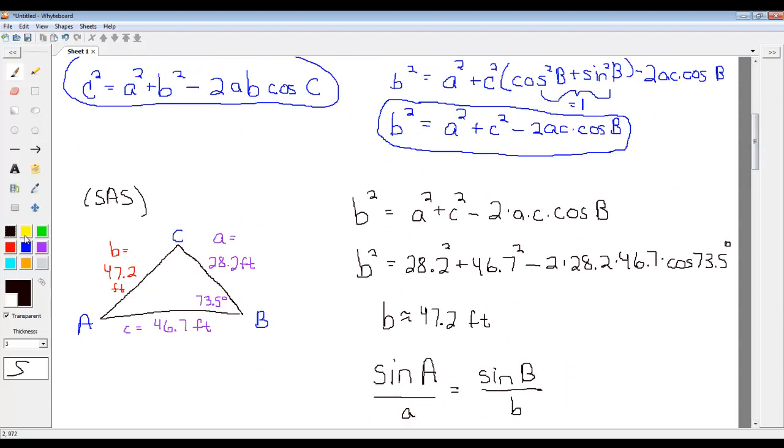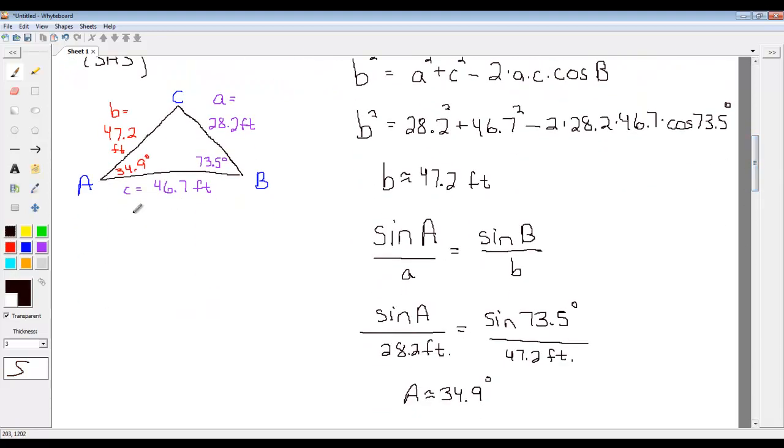So we got 34.9 degrees. But then from there, if you know two of the angles, you can subtract from 180, and then you're good as gold. 180 minus the 73.5 plus 34.9 that we just got.